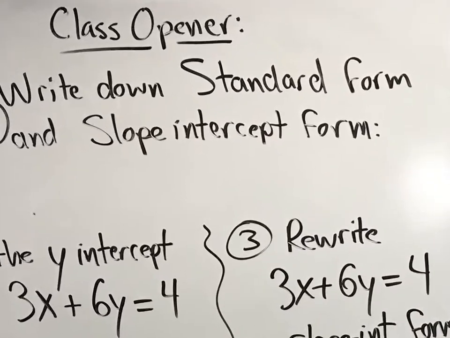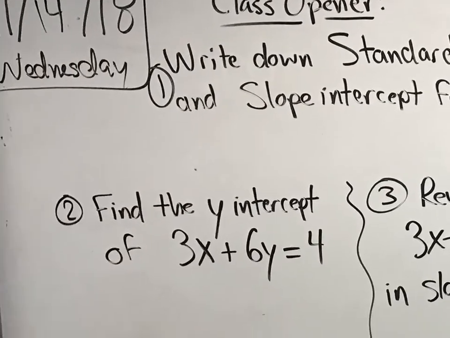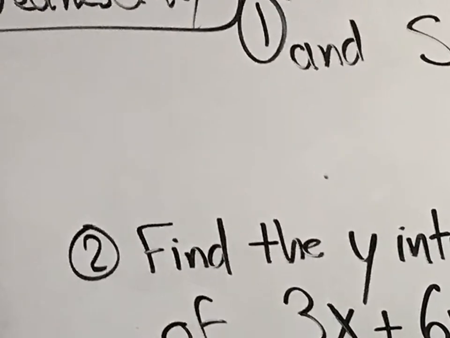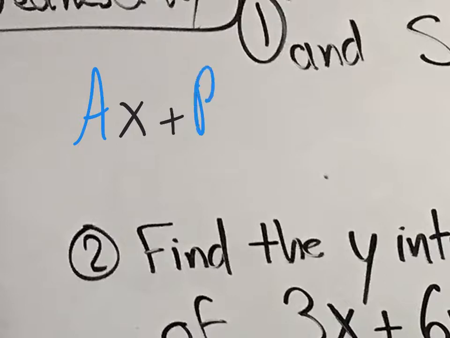So let's first start with standard form. And I want to write down my standard form equation right here. We need to know that standard form is simply this: ax plus by equals c. And the detail to know on standard form is that a, b, and c are just numbers.